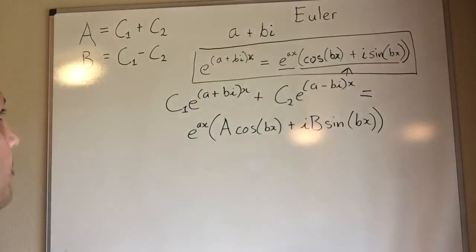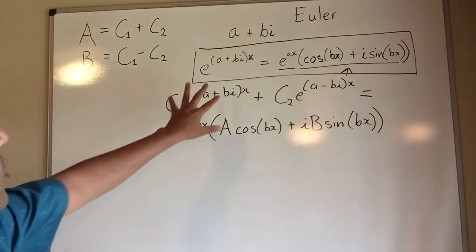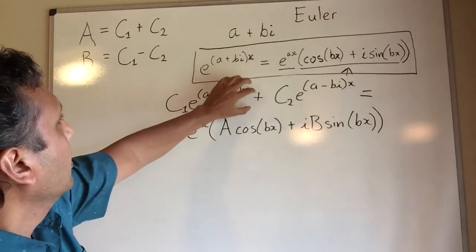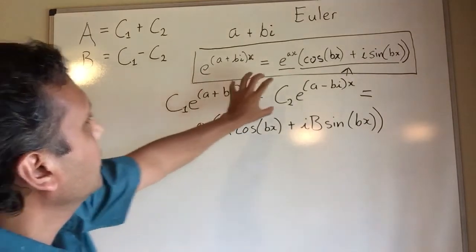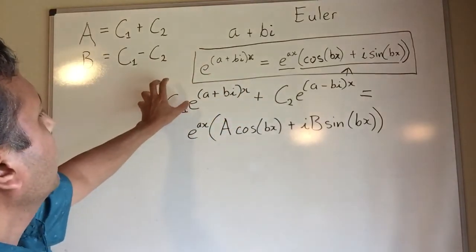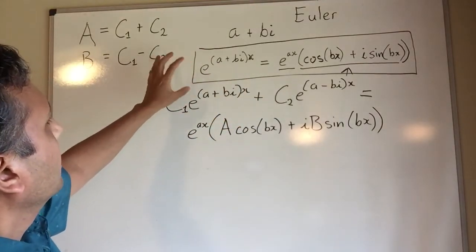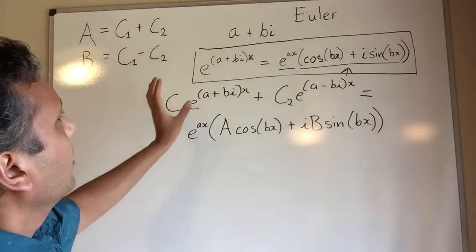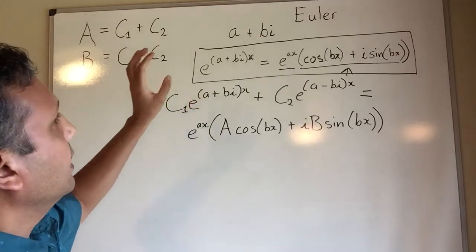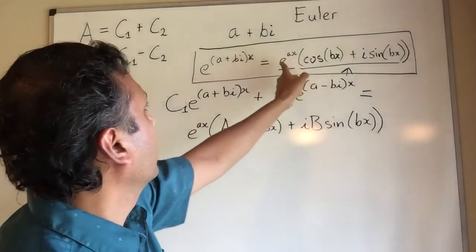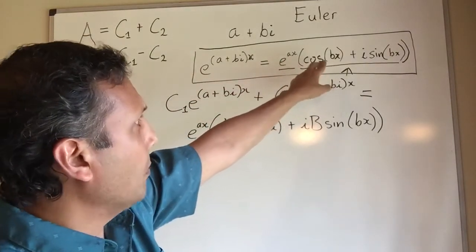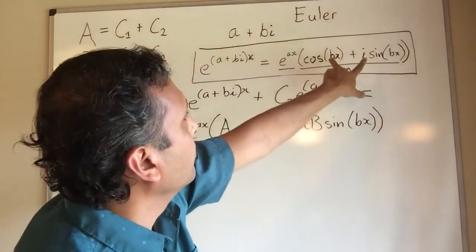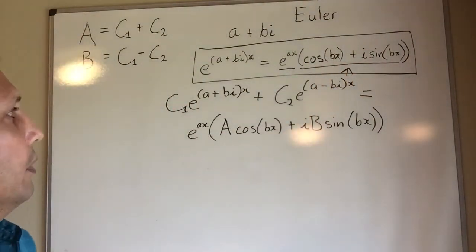Alright, so I'm going to start by taking one of these terms and finding the expression that, in the same way that I did in the previous video, gives me trigonometric values, as in Euler's formula.